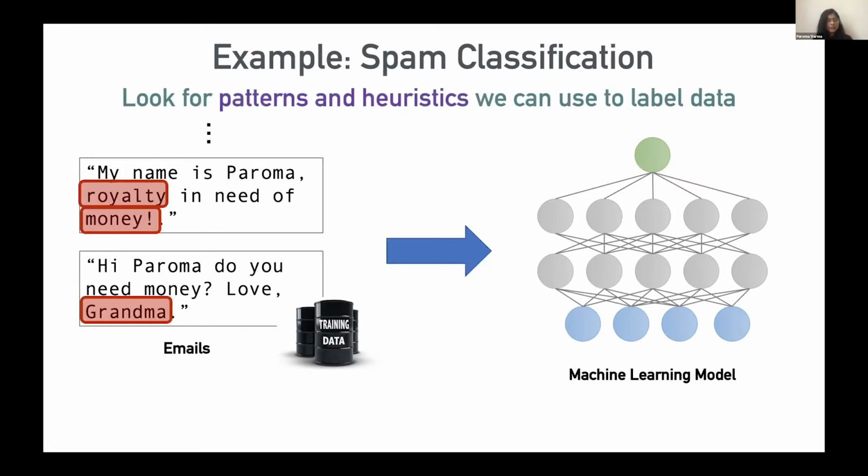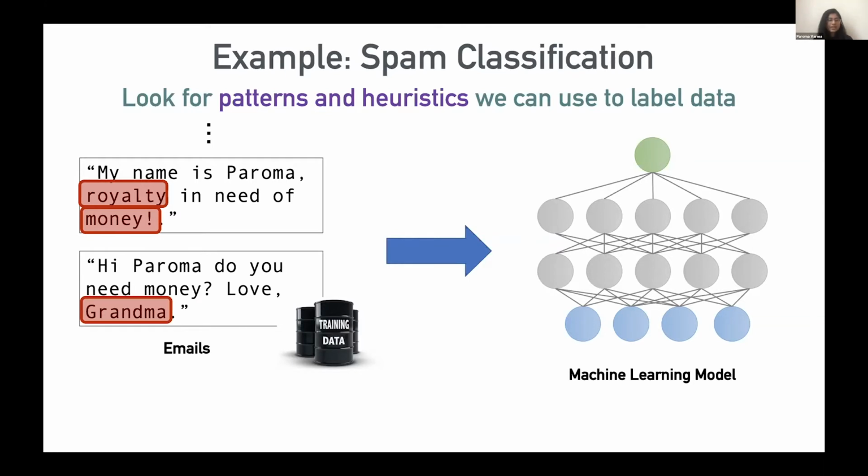So what we did was we started thinking about, when people are hand labeling their data, what are they actually thinking in order to be able to assign these labels? One really easy thing that people do is they look for patterns and heuristics in their data to be able to assign a label to them. One really easy example that we have on the slide here is, let's say someone is asking for money. If they say, hey, I'm royalty, I need money, you think this is probably a spam email.